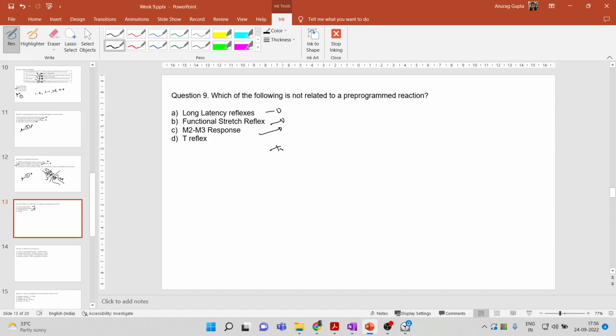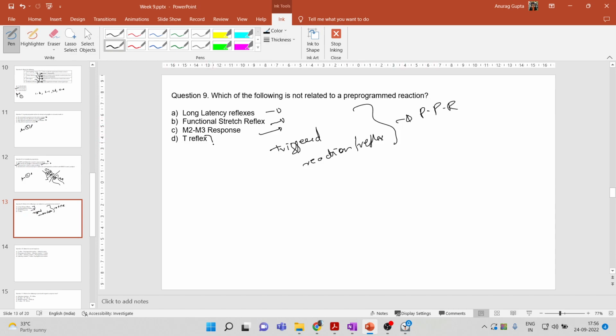It's also called a triggered reaction or triggered reflex, and some other names. All these names refer to the pre-programmed reactions, and these names are given based on the context in which the pre-programmed reaction is elicited.